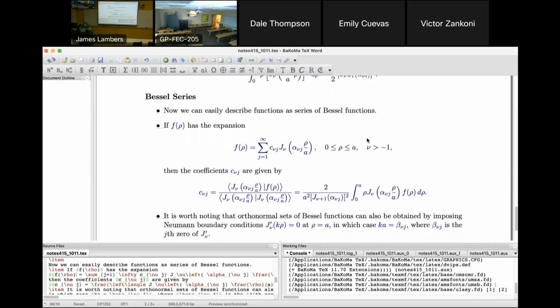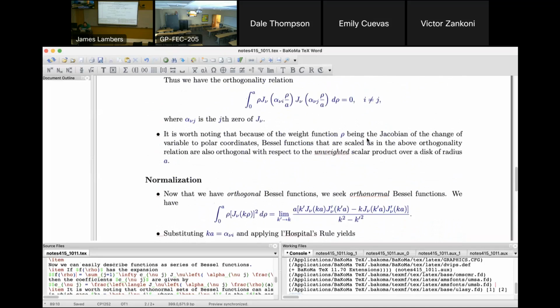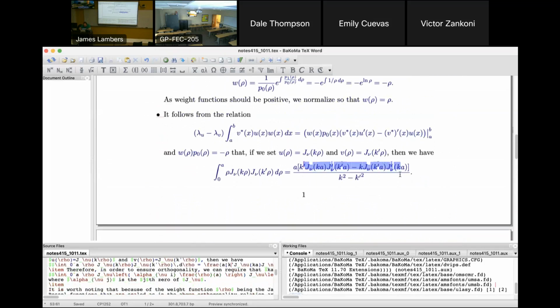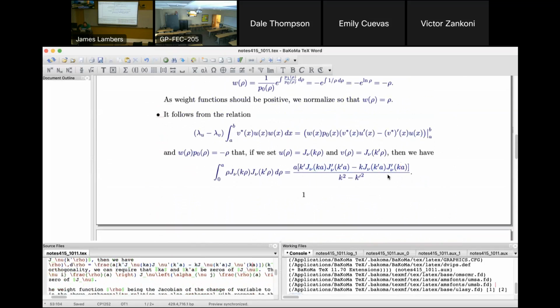Now, I should mention that what we did here to ensure orthogonality, we wanted this to be 0. And we got that by requiring that k a and k prime a were different zeros of the Bessel function. However, and that's good for what's called a Dirichlet boundary condition, where you're requiring that a certain function is equal to 0.